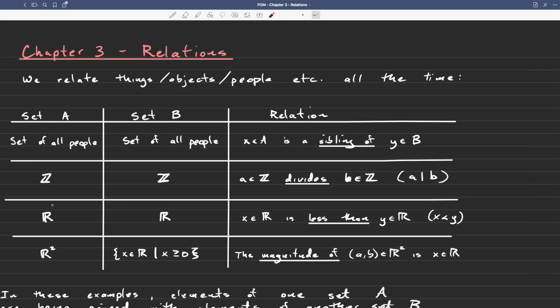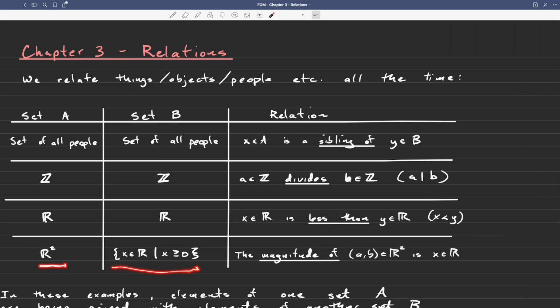The third example here, the sets can be the real numbers and the relationship can be less than. x is less than y is one way we could relate two real numbers. It doesn't always have to be that the two sets A and B are the same set. In the fourth example here, the first set is the real plane, which we can think of as a set of two-dimensional vectors. And set B is a set of non-negative real numbers.